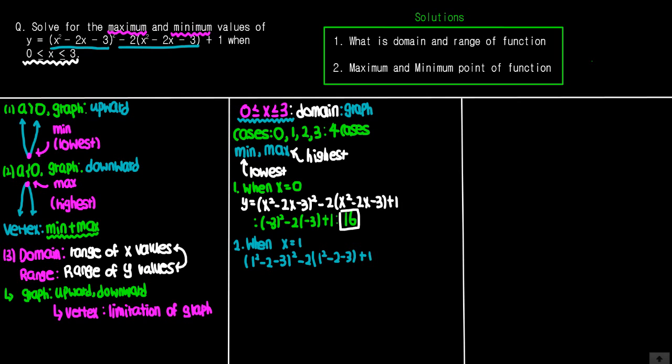If we simplify our terms, 1 squared minus 2 minus 3 will turn into negative 4.